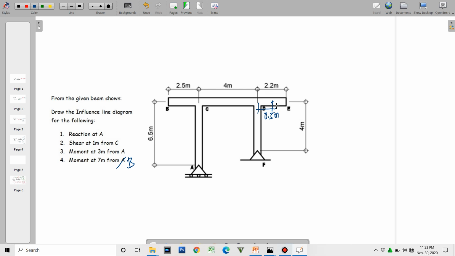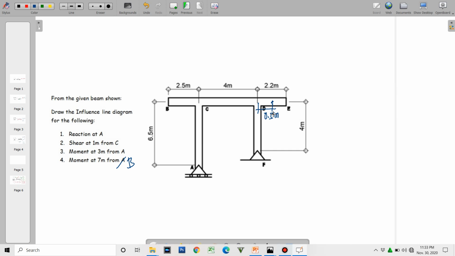So if this is the case, we are dealing with an overhang. For an overhang, of course, the left portion will have both reactions.